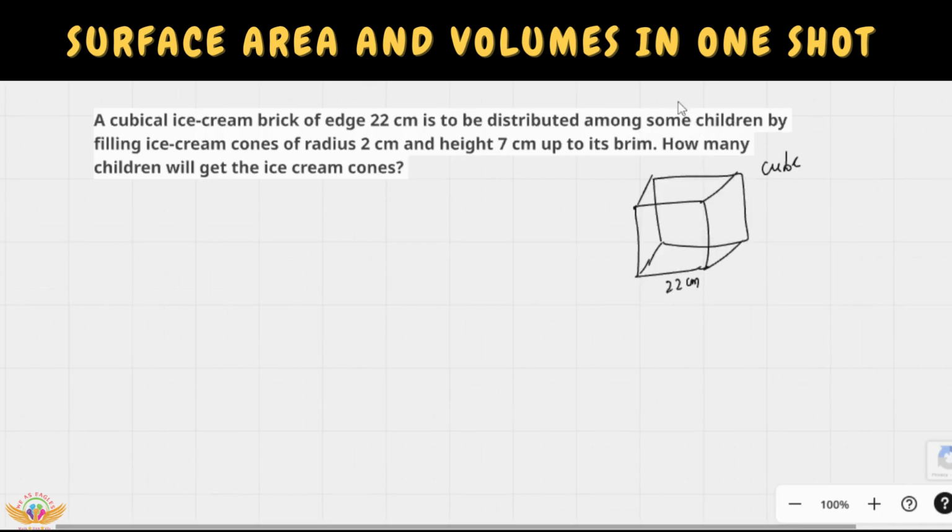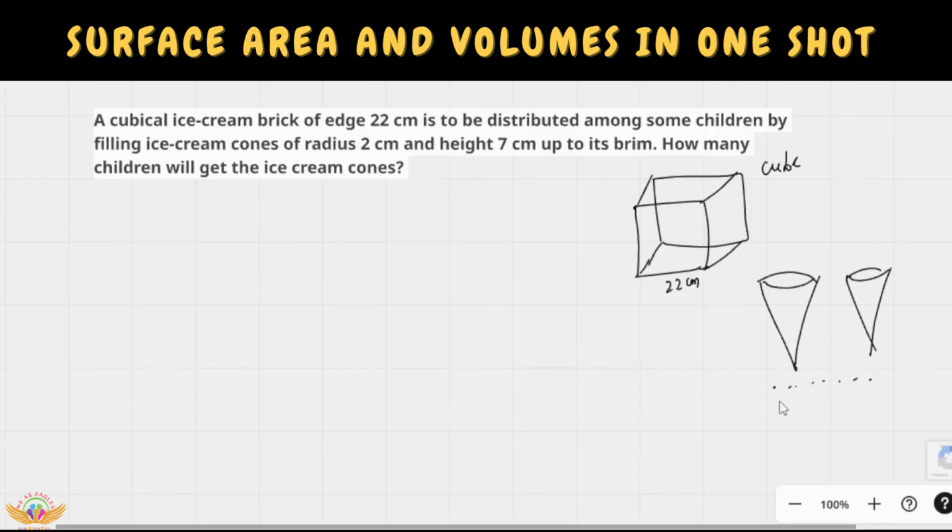And this cube, what are they doing? They are distributing to some children, and they're taking one scoop of ice cream to fill up one cone. Okay, so they have taken some cones. Let me take, this is a cone. Like that they have taken some number of cones. We don't know how many cones they have taken.